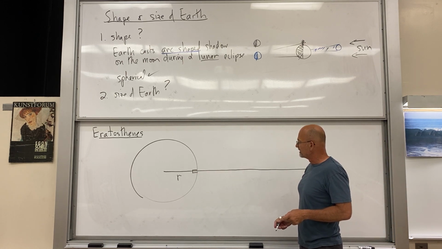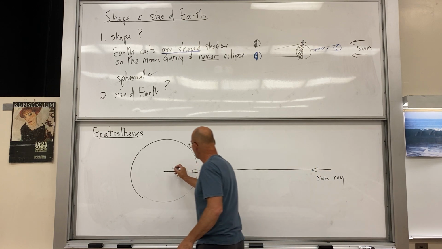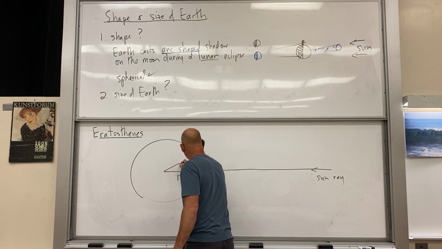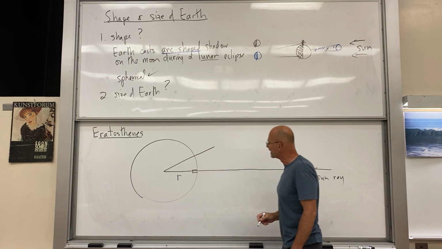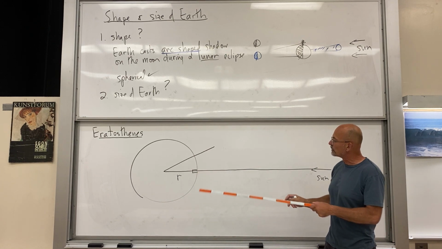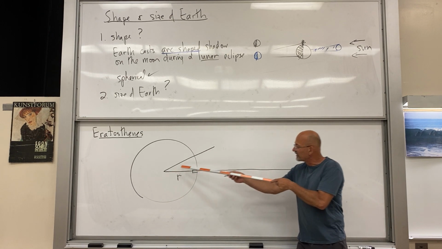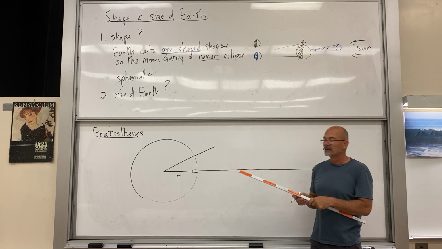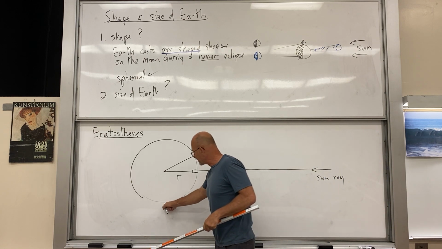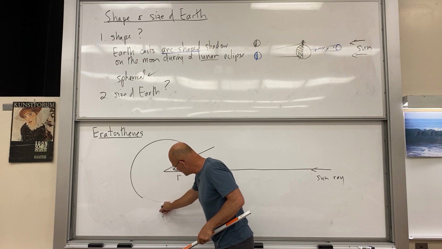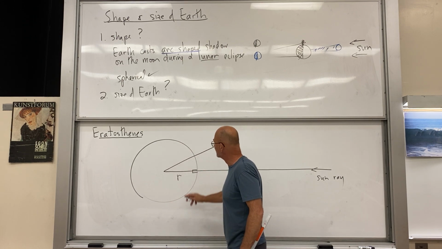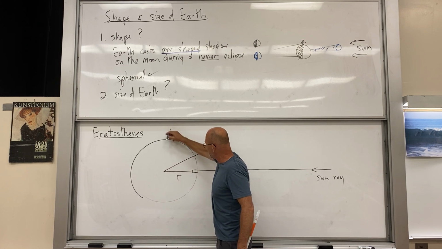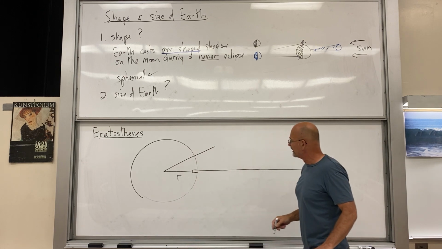Now on the same day, Eratosthenes is up north here in Alexandria. Now notice, the up and down direction is always just away from the center of the earth. If you're standing down here, up would be the way my pen is pointing. Here it would be up, always away from the center of the earth.